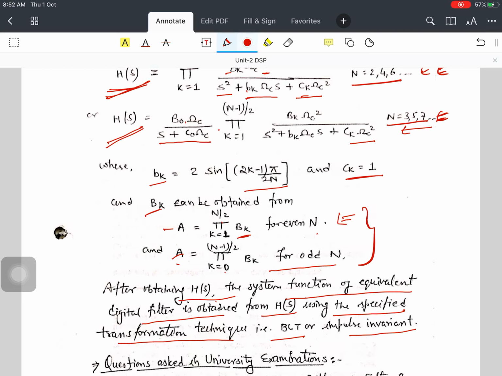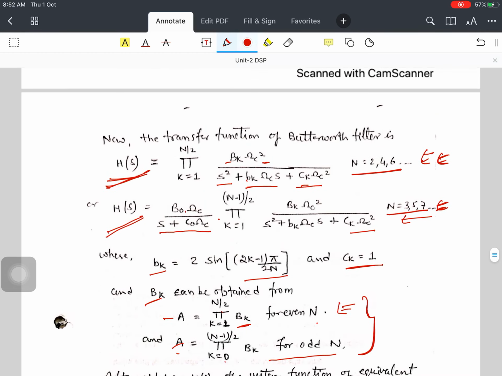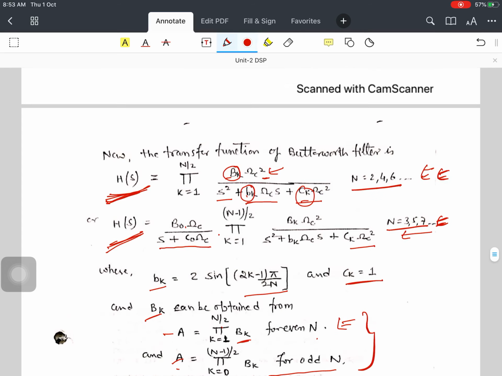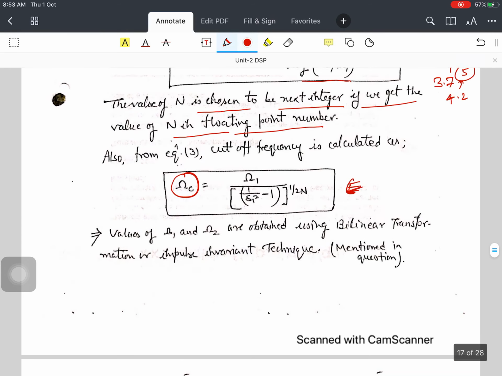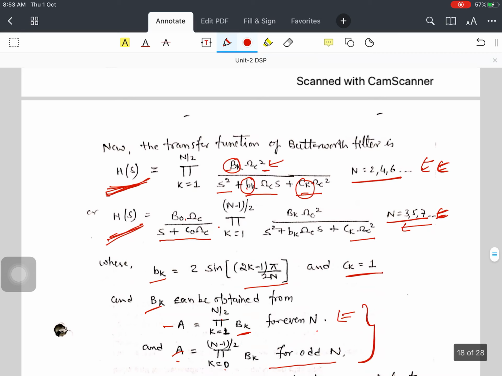We can use both methods for calculating the Hz. For the generalized formula, you have to calculate the values of small bk, ck, and the cutoff frequency ohm c, whose formula we already know. So we will use all these steps for calculating the Hs.